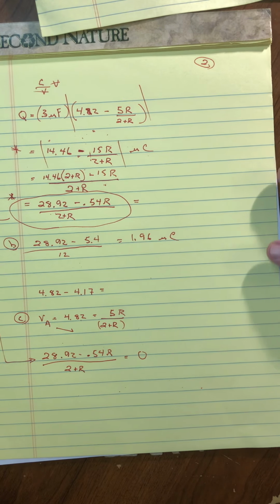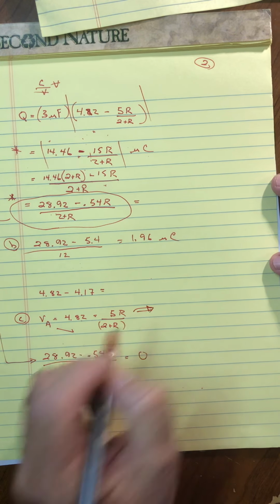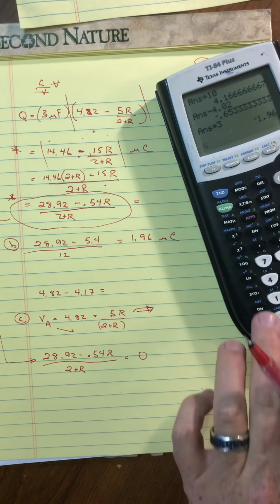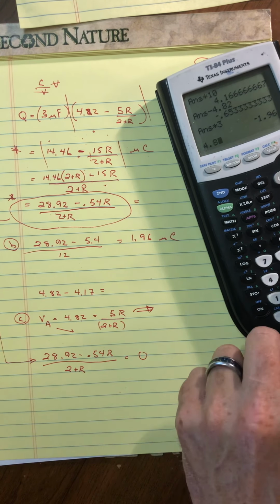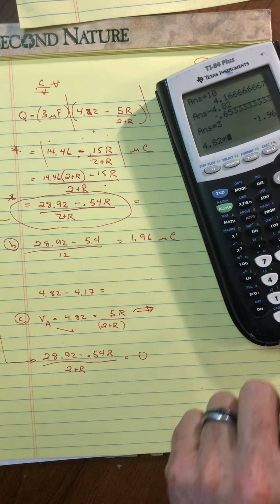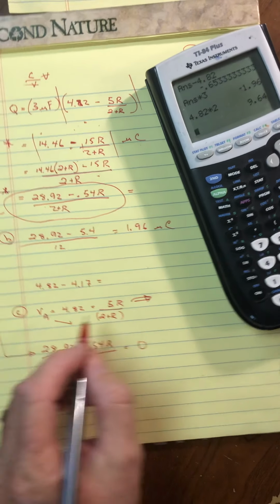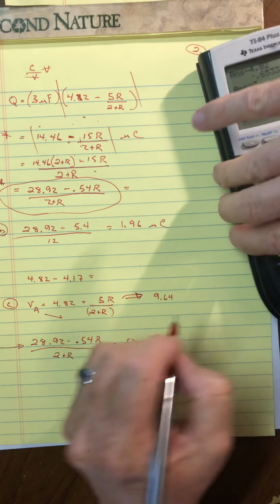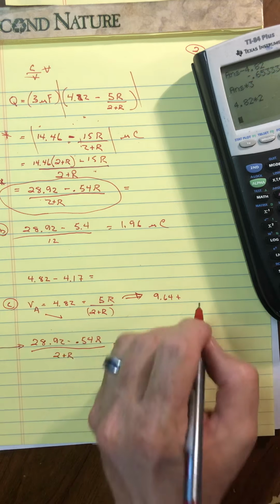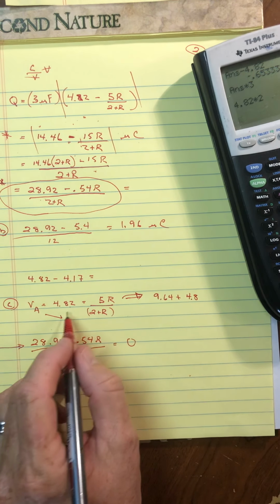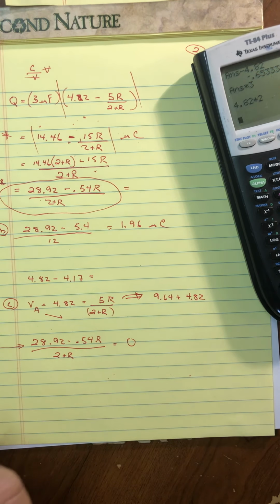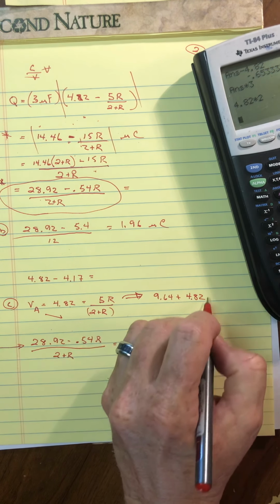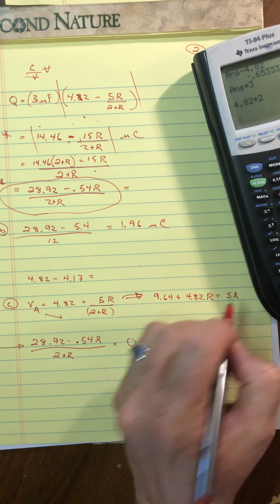I think you could even see it here in this step. If I go 2 times this, let's see, what is this? 4.82 times 2, if I bring this over, would be 9.64, and then plus 4.82 times R, and then 5R.